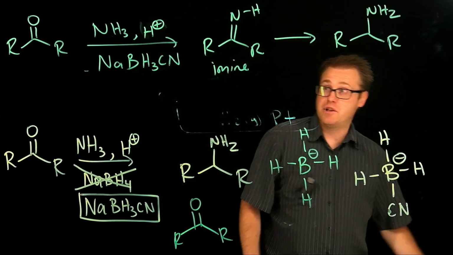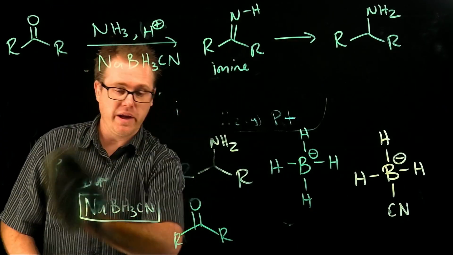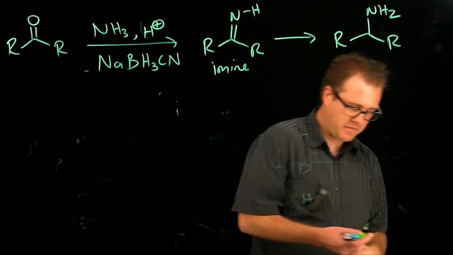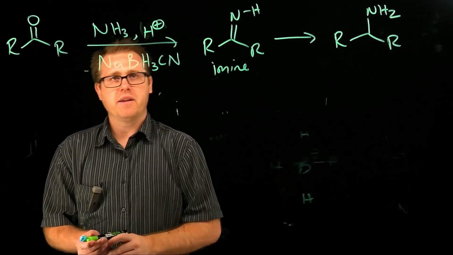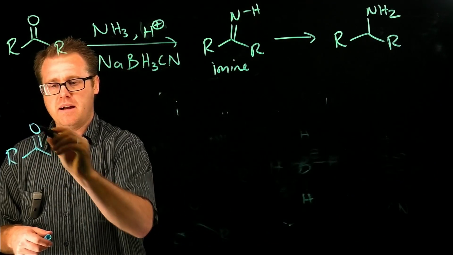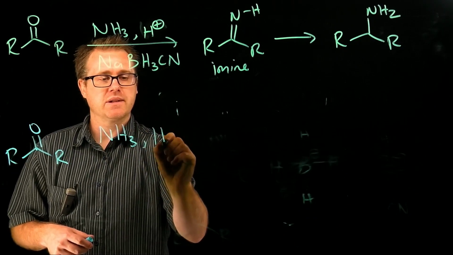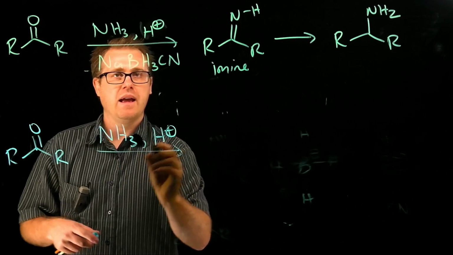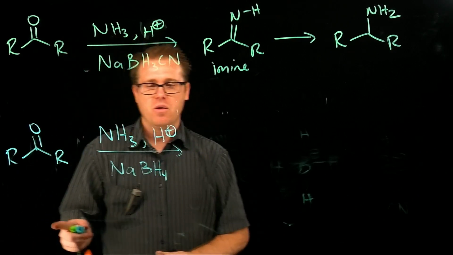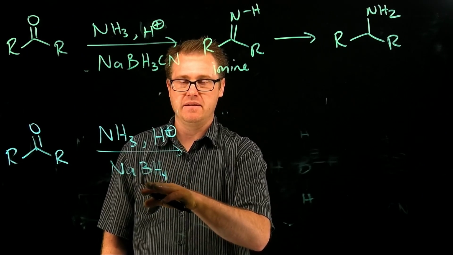Now, if we try to do this reaction with sodium borohydride, so if I try to do it, the same ketone or aldehyde with ammonia, with some acid, and then sodium borohydride, what will happen is sodium borohydride is more reactive.